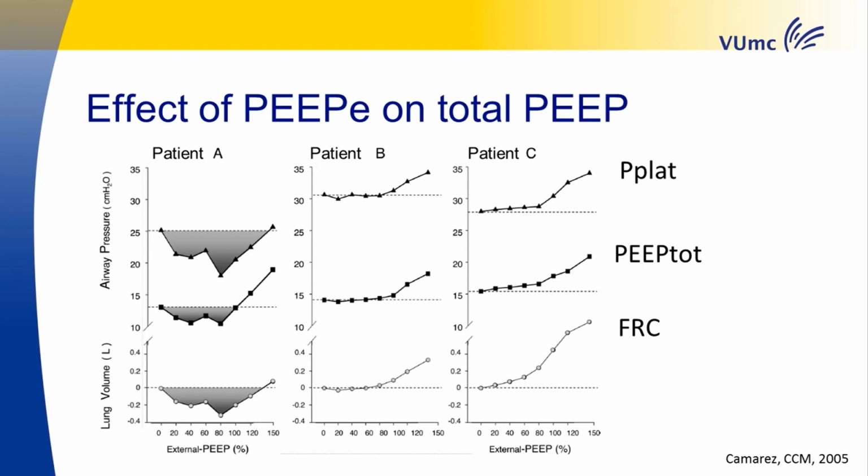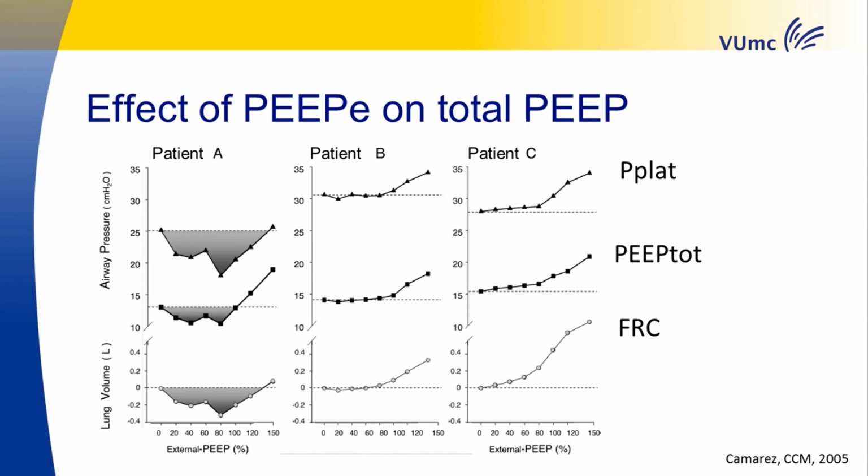So in this patient, you may want to apply extrinsic PEEP, right? In this patient, it doesn't really matter. If you apply extrinsic PEEP to the level of 100% of intrinsic PEEP, nothing basically happens to FRC, total PEEP, plateau pressure. And in this patient, the moment you start applying extrinsic PEEP, the total PEEP increases.